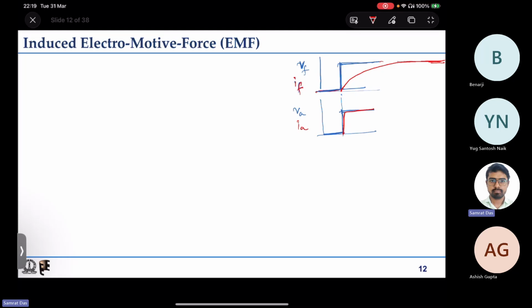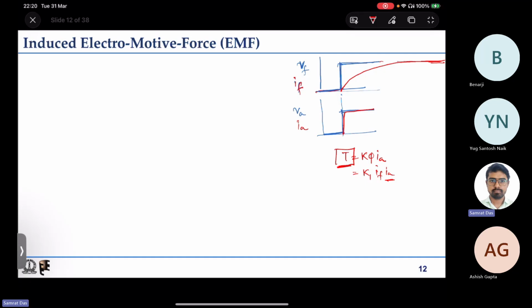That is why, if we want to control the torque, which equals K into phi into Ia, and phi is proportional to If, so K1 into If into Ia, and we want good response time in torque, it is better to control the armature current compared to the field current. We change currents by changing some voltage, and we can change voltage almost instantaneously if we use a power electronic converter.